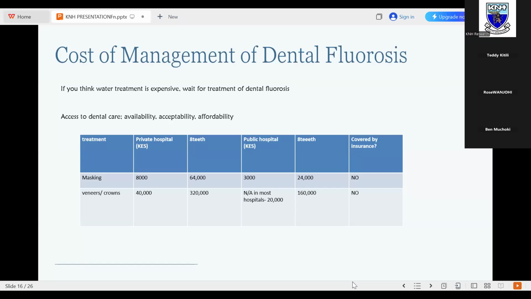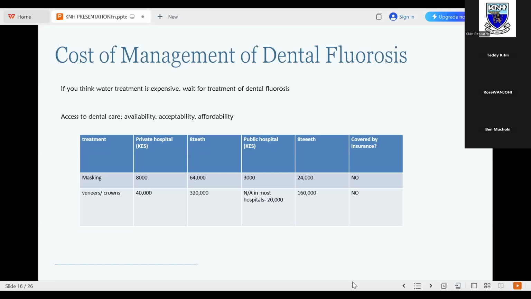In a public hospital, which are countable, it will be 3,000. And we usually fill at least 8 teeth on the upper jaw. Yes, it is 64,000 in a private clinic, and when you do 8 teeth in a public hospital, it will be 24,000. Remember, this again is not even covered by most insurance companies.